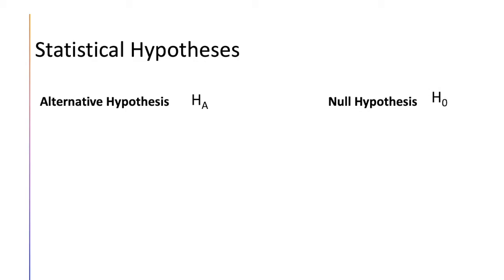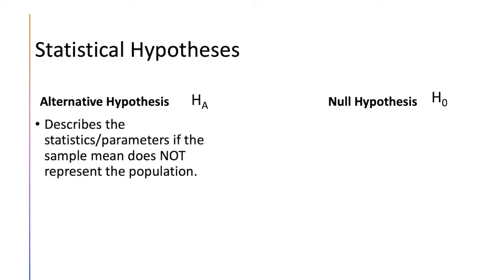What's the difference? Well, the alternative hypothesis describes what we would expect if our sample mean does not represent the population. What I mean by that is that we're going to expose that sample to some manipulation of a variable.